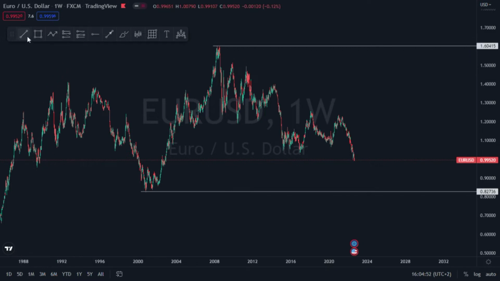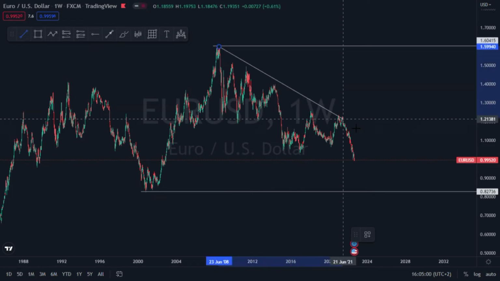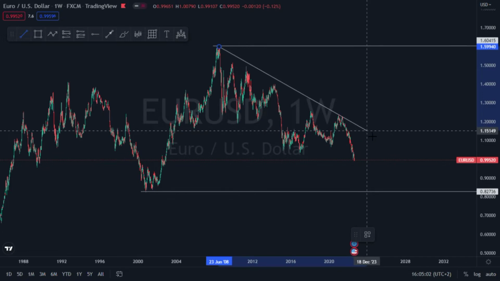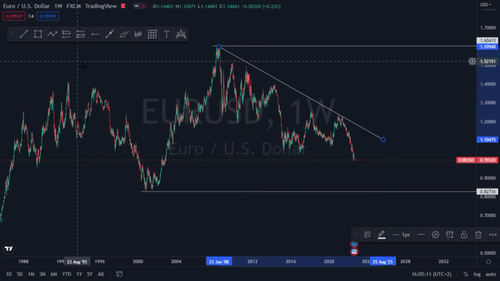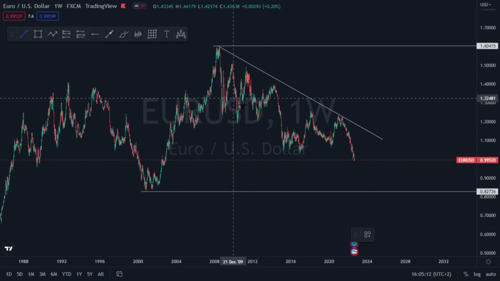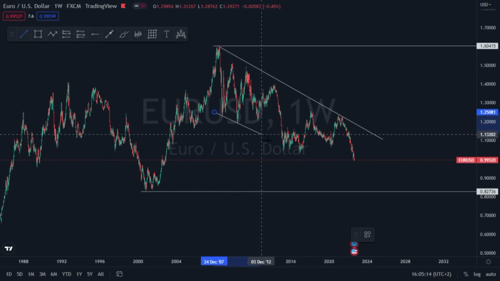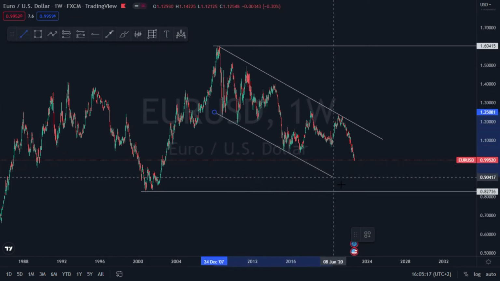What we have to do next is spot our trend. I can already see that we have our descending structure. So we are on a clear downtrend. We have our first touches there, second touches.